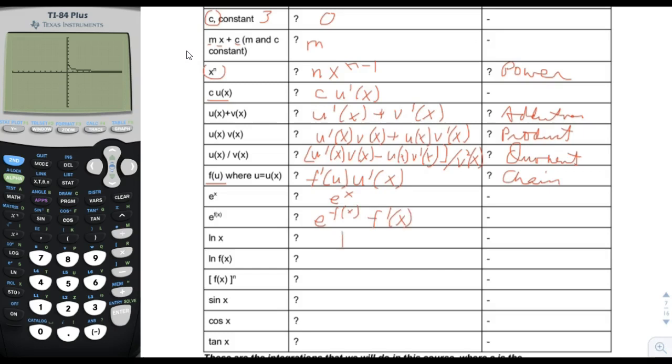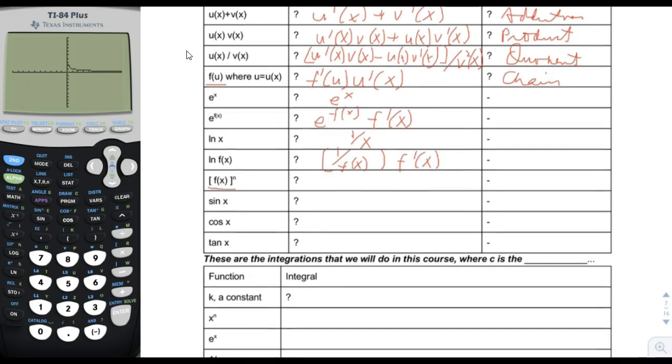Derivative of natural log x is 1 over x. The derivative of natural log of a function, f of x, is 1 over f of x, and then you multiply it times the derivative of the function, chain rule.